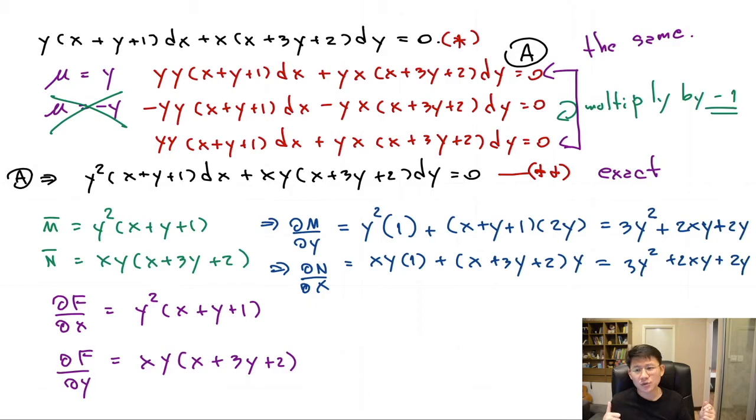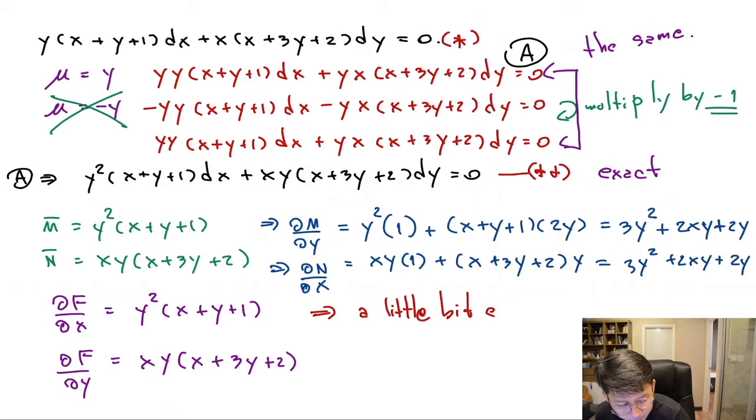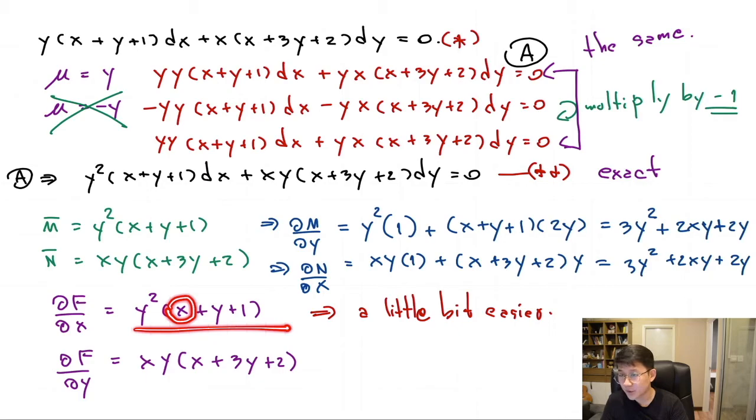You don't have exponentials, you don't need integration by parts. But the first one is probably just a little bit easier, because when you integrate with respect to x, you have only one x. Here you have lots of y, so it's a little bit harder, but they are actually the same. You can begin with either one of them.